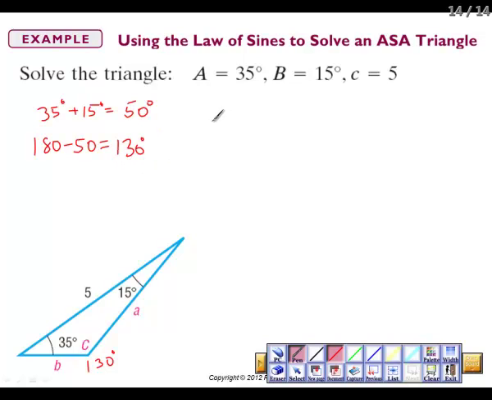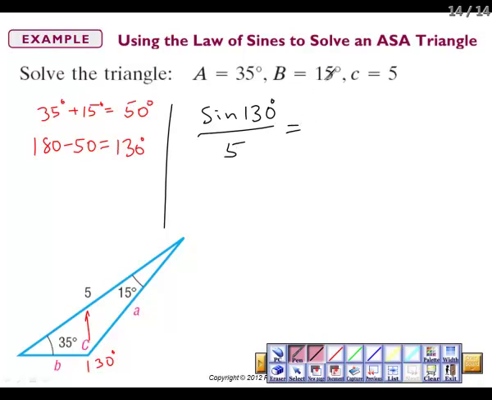Okay, so now we have our angle and our opposite side. So what will we use for our law of sines? You should have said that we're going to use sine of 130 degrees over 5 equals 2.